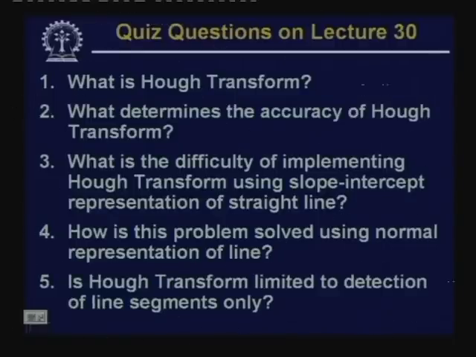Third question, what is the difficulty of implementing Hough transform using slope intercept representation of straight line? Fourth, how is this problem solved using the normal representation of straight line? And fifth question, is Hough transform limited to detection of line segments only?